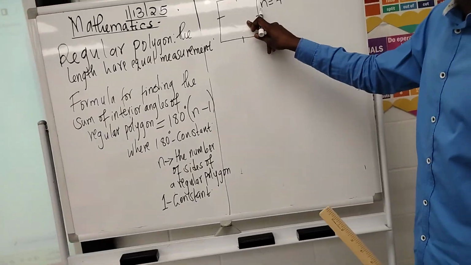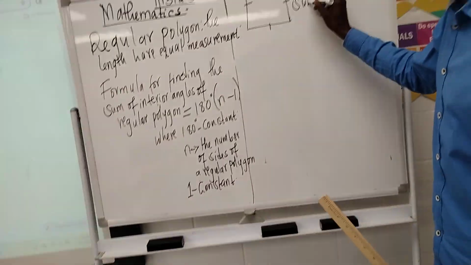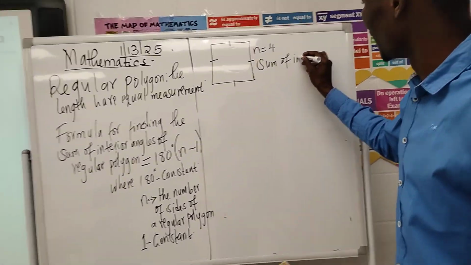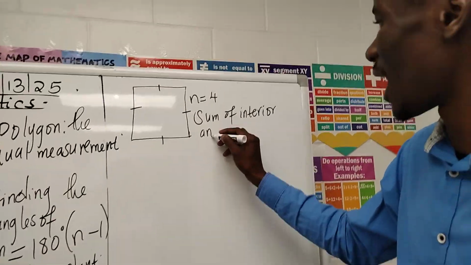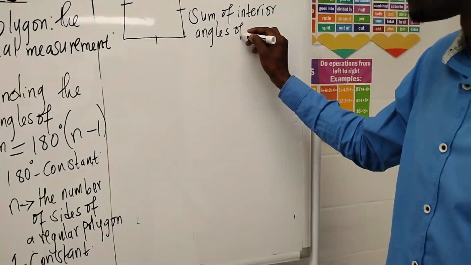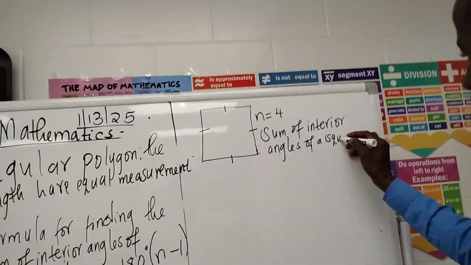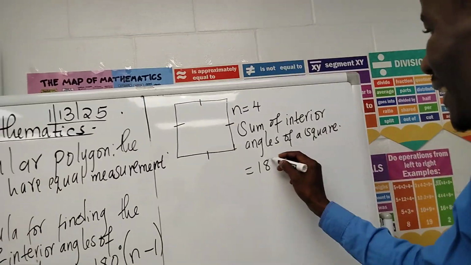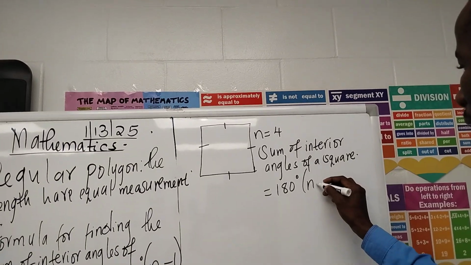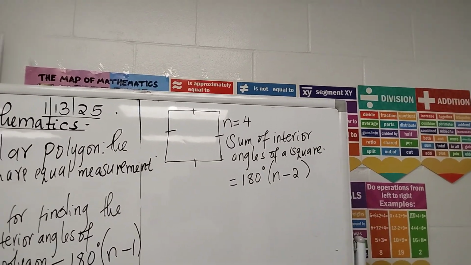If we are calculating the sum of interior angles of a square, it is equal to 180 degrees into n minus 2. So what do we have?